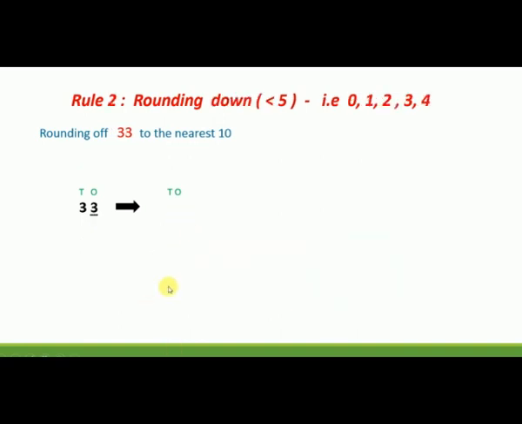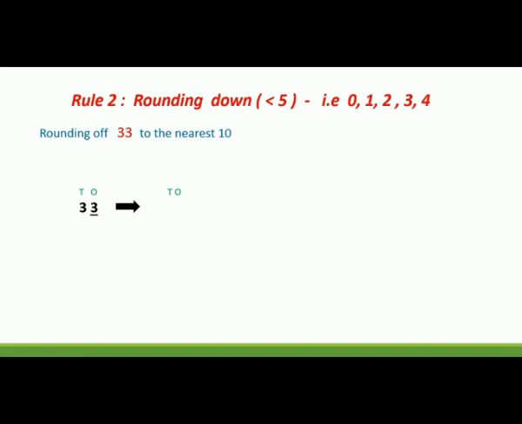Now let us see rule 2. This is rounding down. So again, when we are going to find the nearest 10 for any number, we have to look at the ones place. Can you see the ones place in the given number?